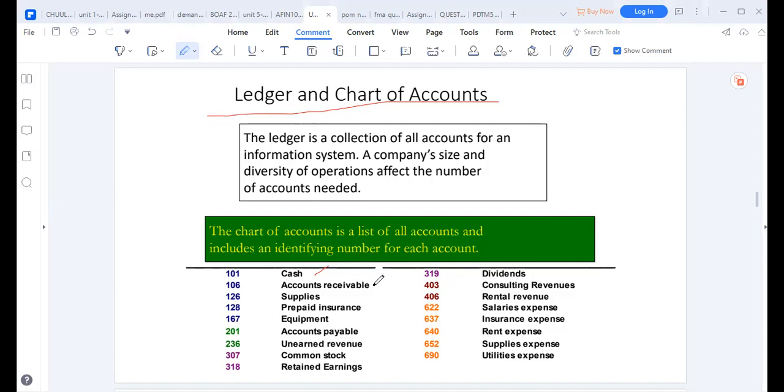Accounts receivable. These are debtors. We debit it. The accounts receivables are like debtors. Okay. We debit because these are assets, money that we own.